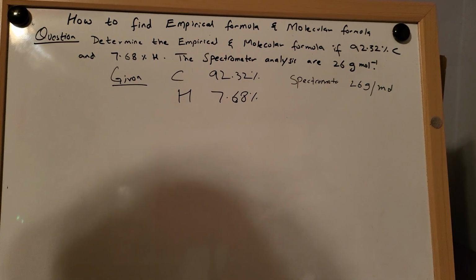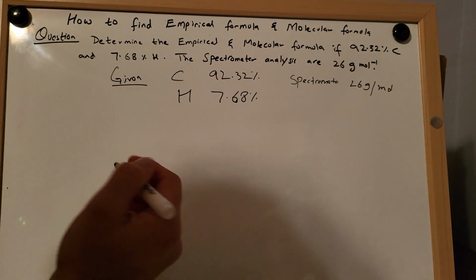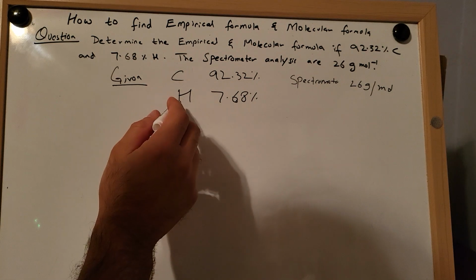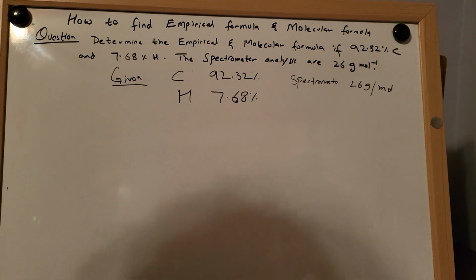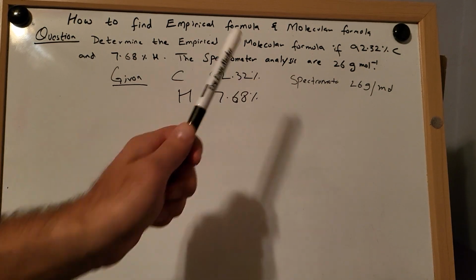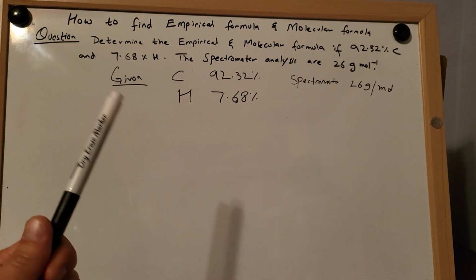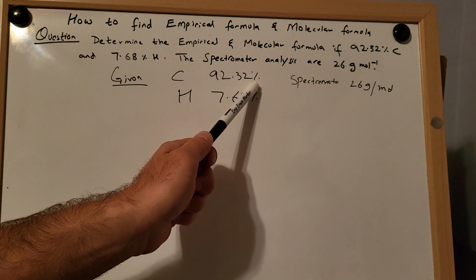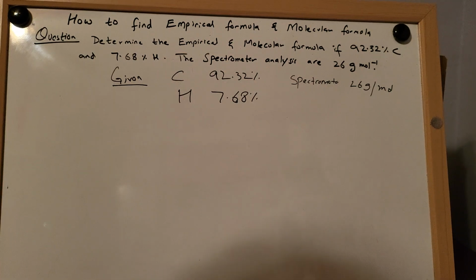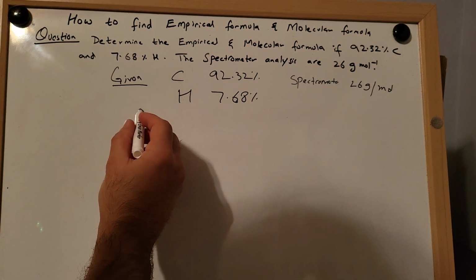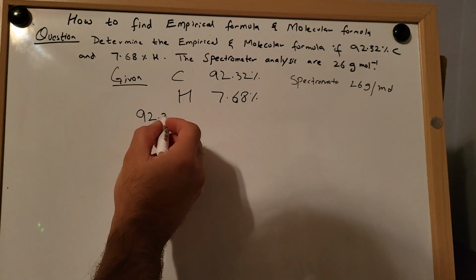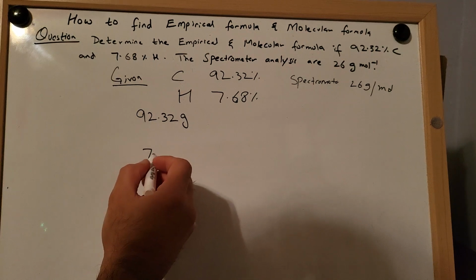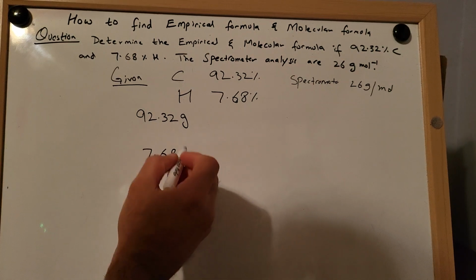Empirical formula is very easy. So the first step, you have carbon and hydrogen. First, let's remove this percent. In this kind of question, when you have to find the empirical formula or molecular formula, this percent sign means their gram. So you can remove this and just write it as gram: 92.32 gram and 7.68 gram.